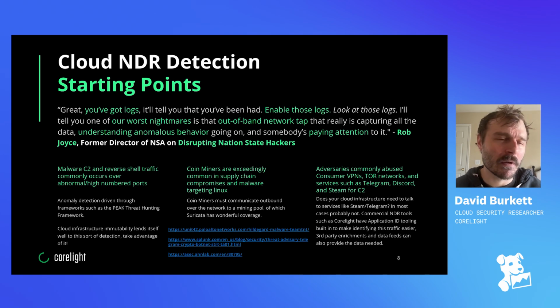For those that aren't familiar, an out-of-band network tap just means it's not set in a configuration where you can tell you're being monitored through the network traffic. From your adversary's perspective, there's no visibility into it, which makes life very difficult for those threat actors.